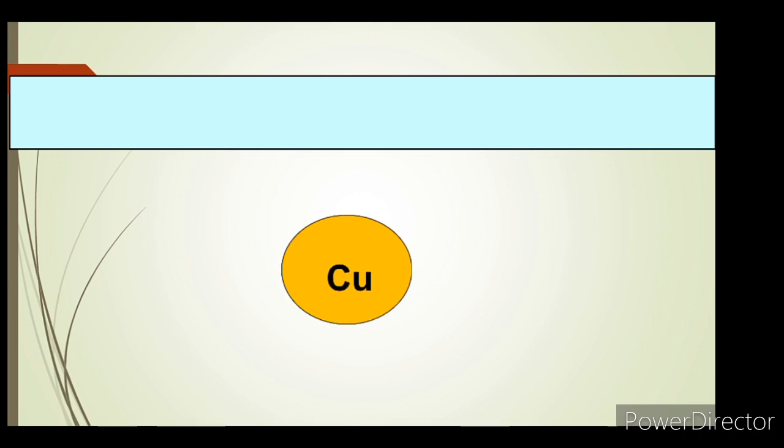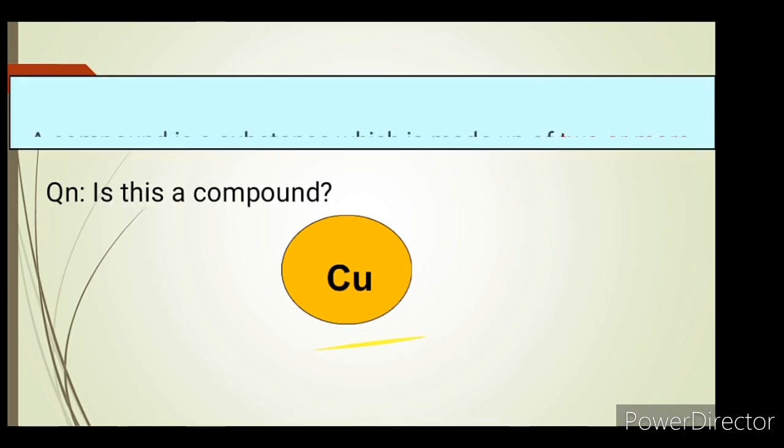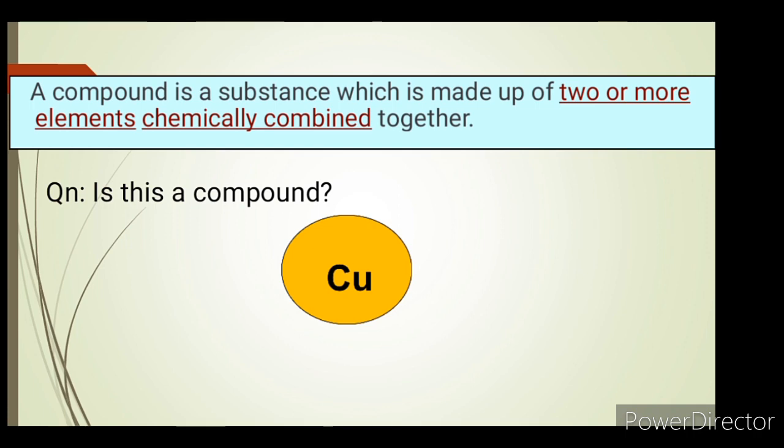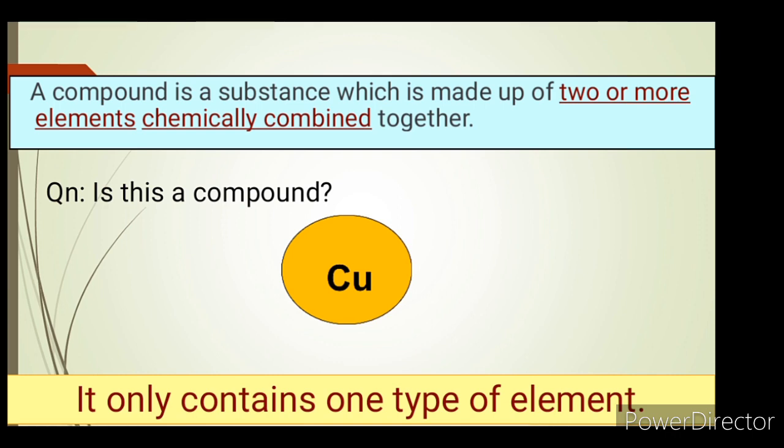We have Cu, the symbol for copper. Is this a compound? Based on the definition, a compound is a substance which is made up of two or more elements chemically combined together. But it only contains one type of element, so this is not a compound.